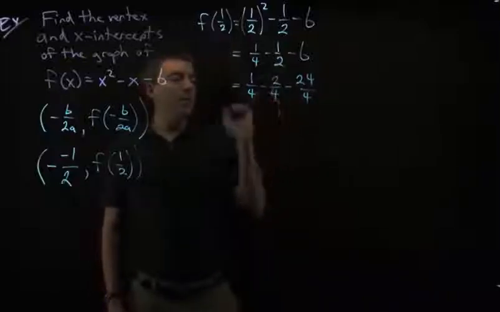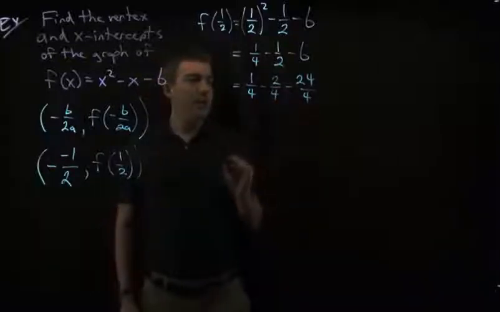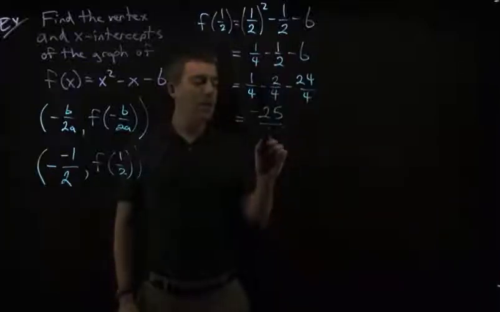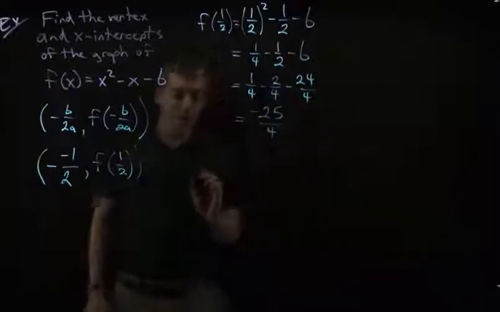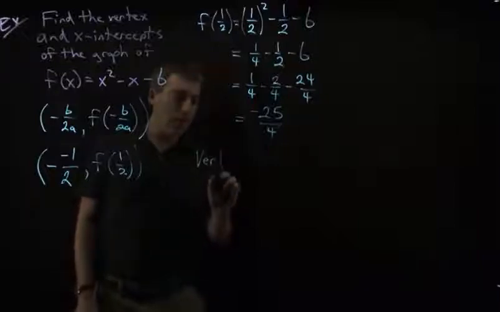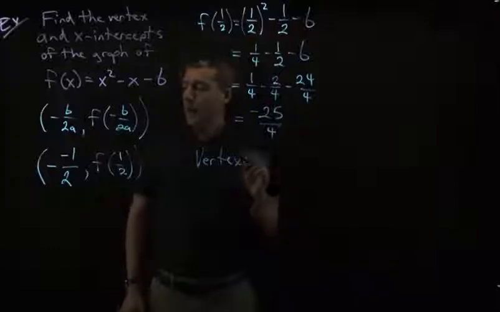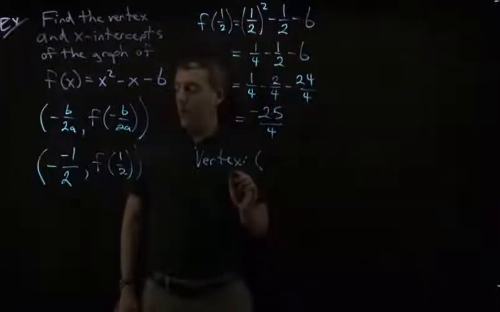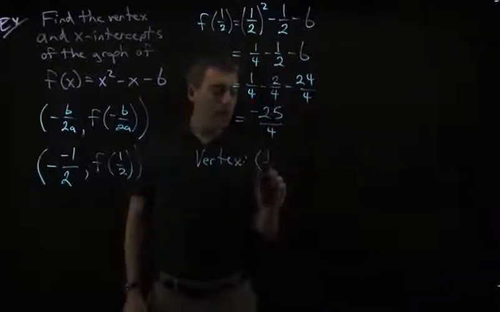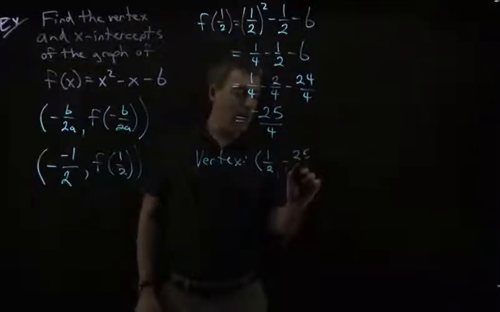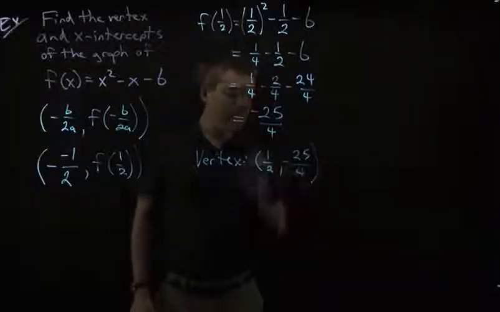So we have 1 minus 2 minus 24 would be minus 25 fourths. So the vertex for this quadratic function is 1/2, comma negative 25 over 4.